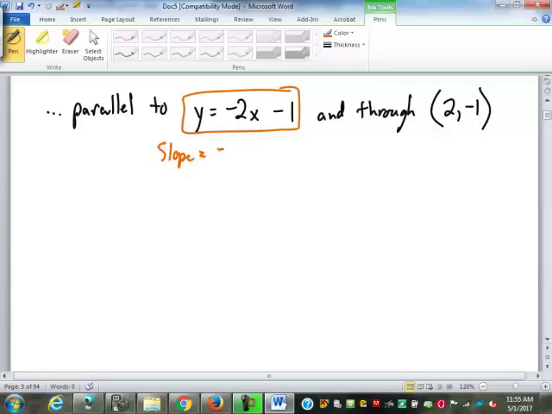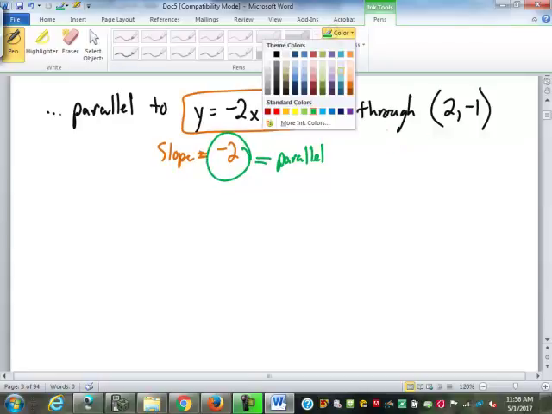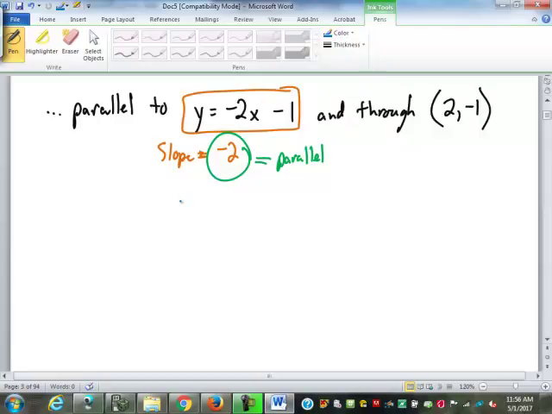The slope there is a negative 2. For a parallel, the slope will still be negative 2. So we start out our equation: y equals negative 2x plus b.